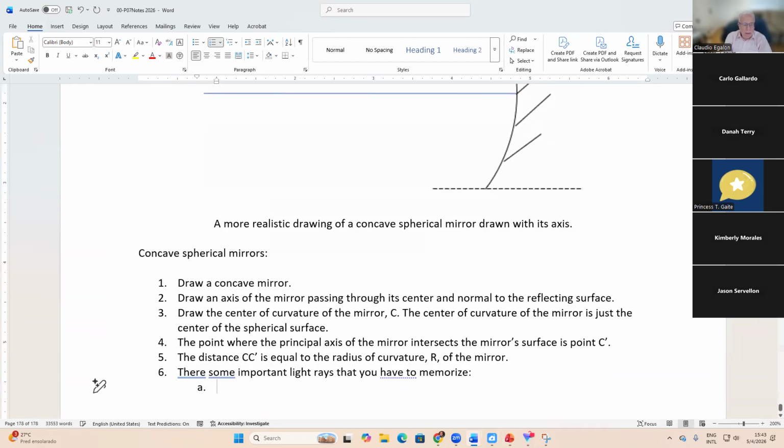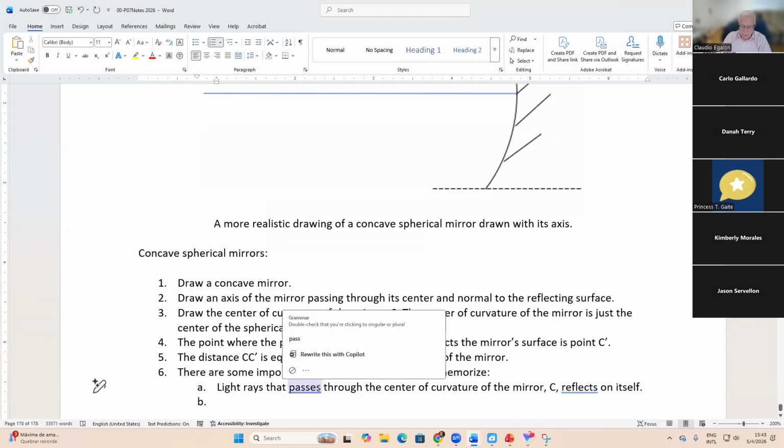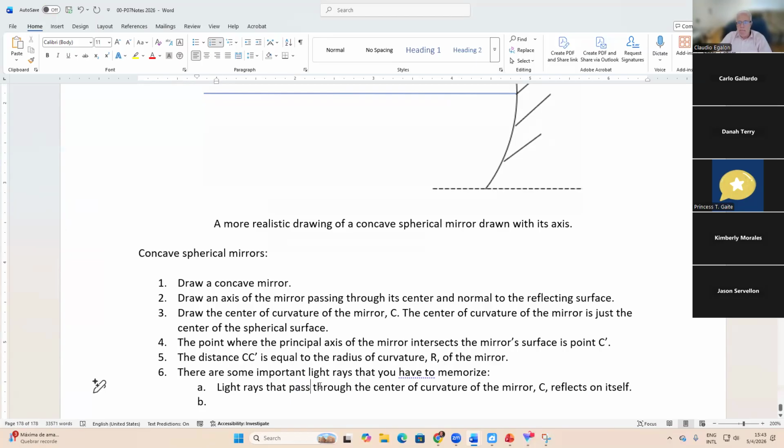One, light rays that pass through the center of curvature of the mirror reflect on themselves, right?